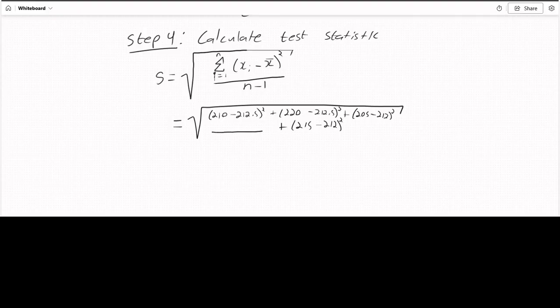And we divide all of that, still under our giant square root. This covers everything, not just the top. And n is 4. We have 4 data points, so we have 4 minus 1 in the denominator.